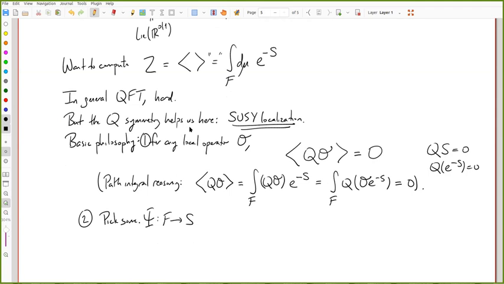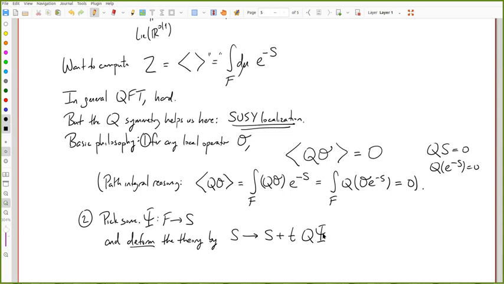And then we can imagine doing the following thing. We could deform our quantum field theory, by which in practice I just mean deform the action. I'll change the action S to S plus some parameter T times Q psi.